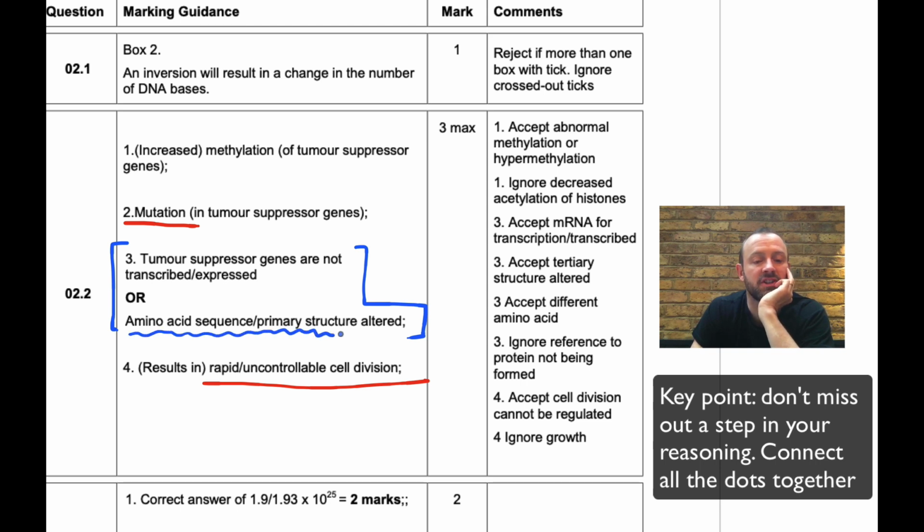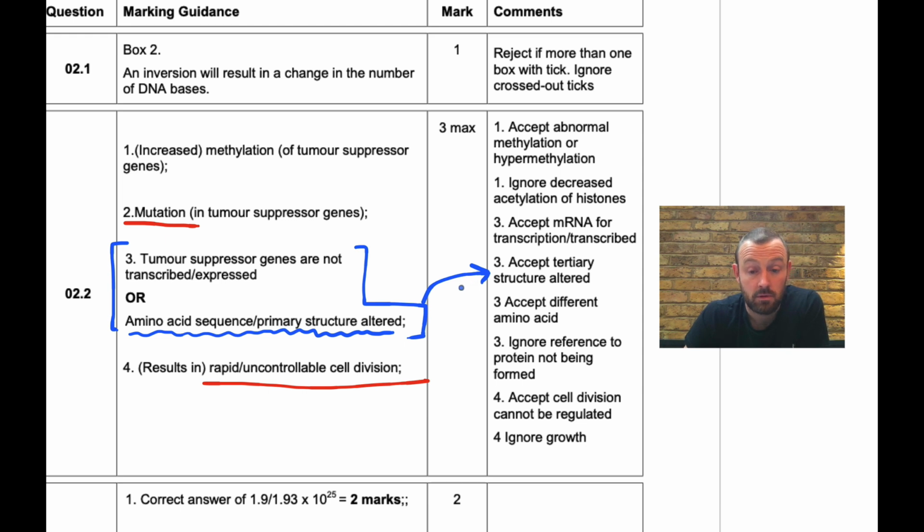So if there was a mutation in a tumor suppressor gene, then the primary structure, or even, actually look, there's lots of things we could have said here, or the tertiary structure would not be the same, and the protein may no longer work. Yeah. So you could have talked about methylation, which is a sort of epigenetic control.